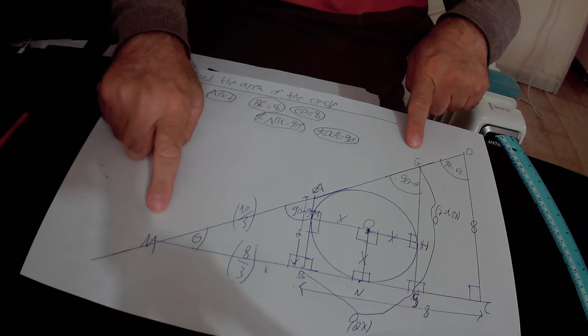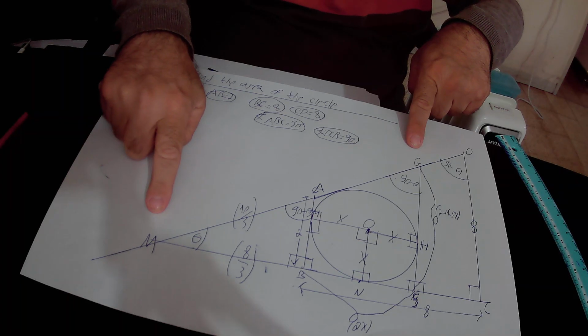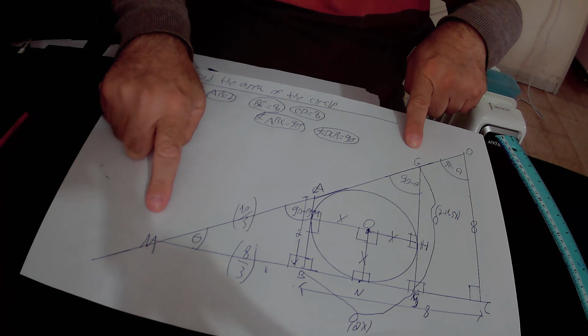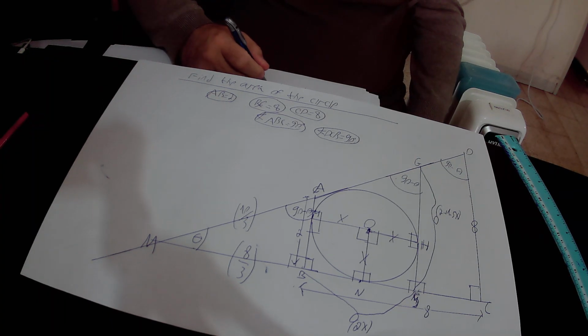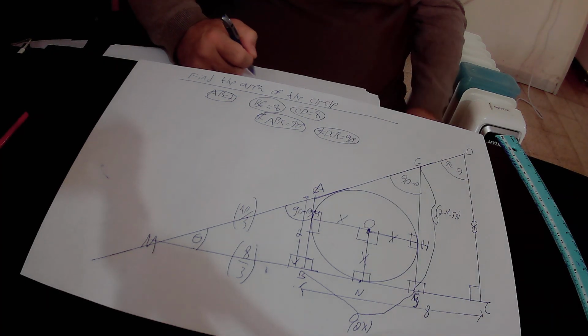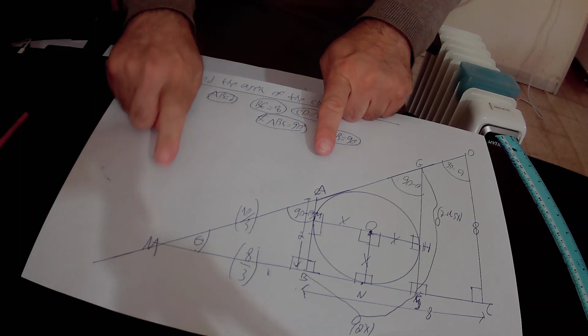From the drawing it is very easy to see that GM equals GA plus AM, and AM is 10 over 3. In total, GM equals GA plus 10 over 3, over AM, which is 10 over 3.